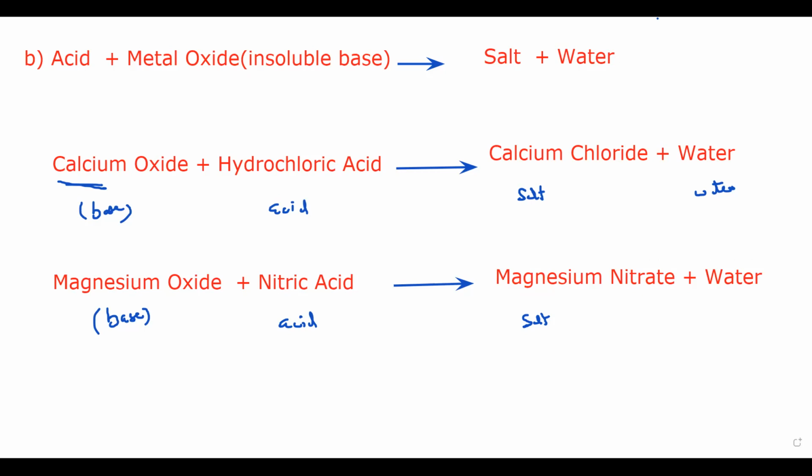If we have, say, aluminium oxide reacted with sulfuric acid, so what will be the product when aluminum oxide mixed with sulfuric acid?